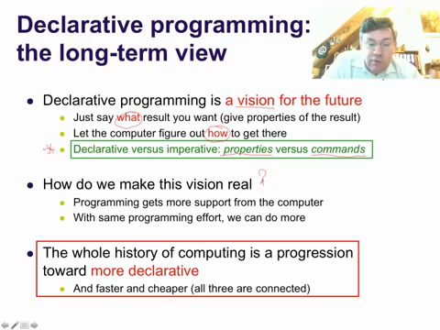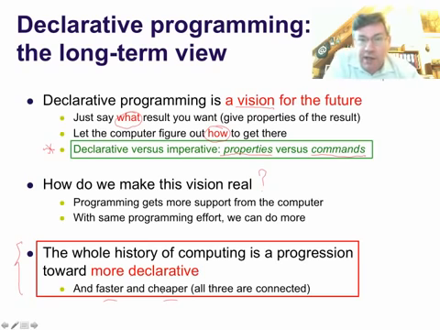Well, the whole history of computing is in designing programming languages, systems, compilers, tools, etc., to make this more and more real, so that with a given amount of programming effort, we can do more. And in some sense, the whole history of computing is a progression toward more declarative, of course, and faster and cheaper, and they're all connected. The fact that we are faster and cheaper lets us become more declarative.